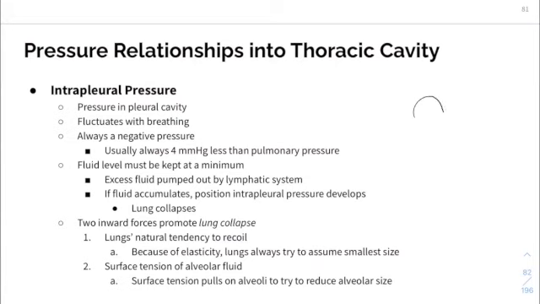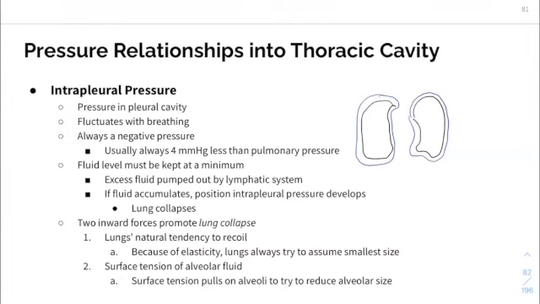So we have our lungs, then we have that cavity that goes around it, that visceral and parietal layer we looked at last week. That is the intrapleural cavity, or pleural cavity, and it has its own pressure as well.